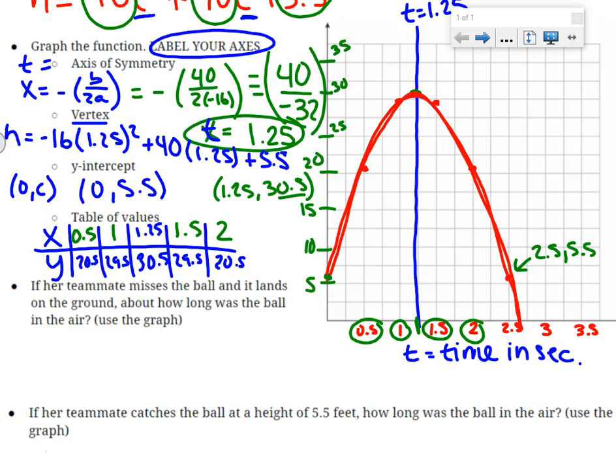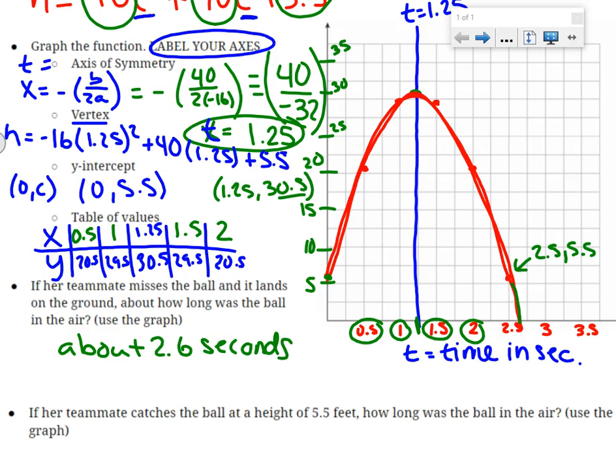So we know to be on the ground, it's going to be a little bit longer than 2.5 seconds, but not quite at 3 seconds or even 2.75 seconds. So we could say about 2.6 seconds. Now again, this is an estimate because we're using the graph. It's not going to be an exact value, but it's going to give us a good idea of how long that ball was in the air for.